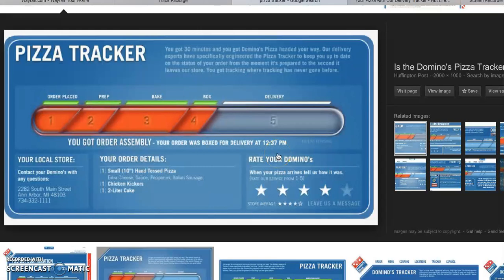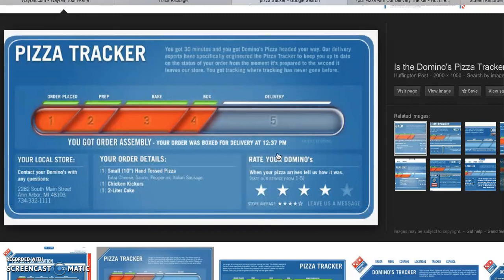I wanted to pull back the curtain here on the design process and really start at the beginning, which is the Domino's Pizza Tracker, which has been around since like 2014. It's a pretty novel idea. You place a pizza order and you get to track it when it gets to your house. That's a linear process, and ours is a lot more complicated.